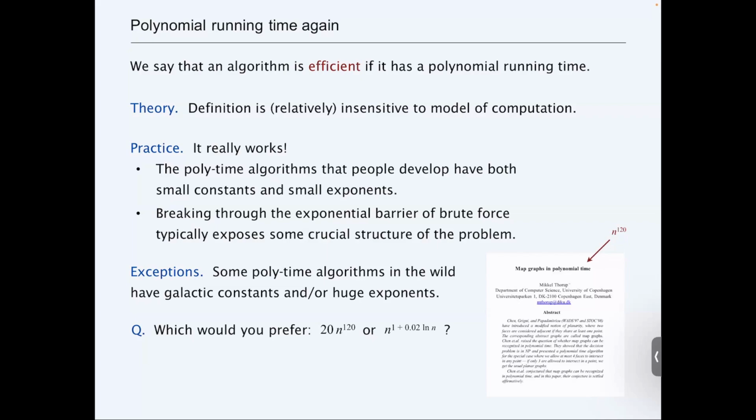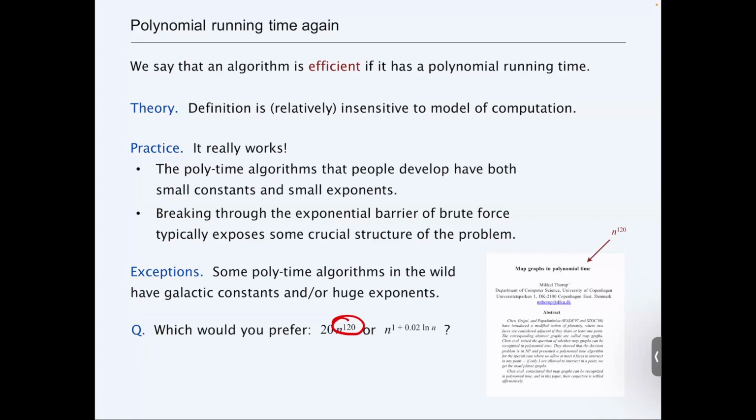Now, there's an important subtle thing that's happening here. Polynomial time doesn't automatically mean that it's practical. For example, let's say you have an algorithm that runs in n to the 120. Technically, that's polynomial, but it would be completely useless in practice because once n equals 2, 2 to the 120 is going to be very, very large.